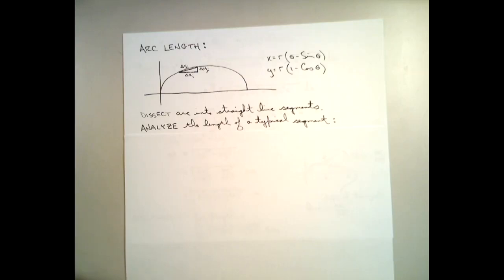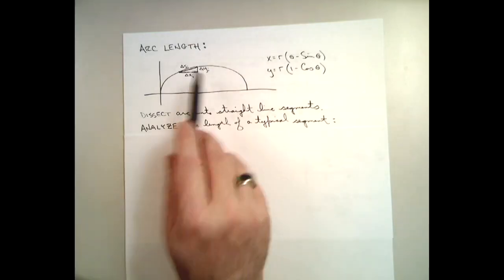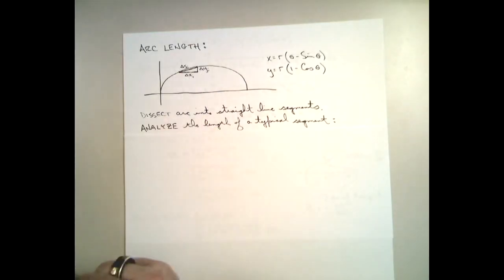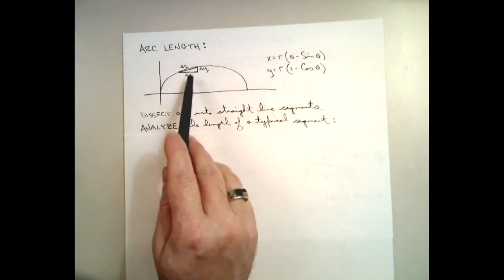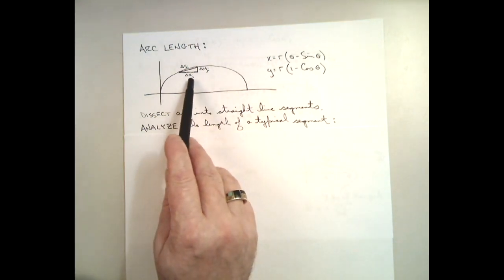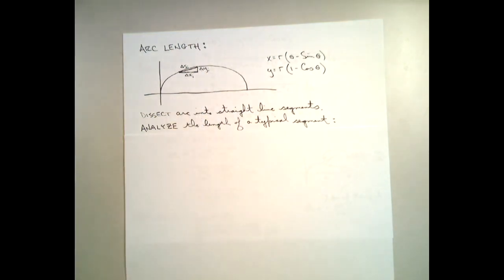Well, it's just kind of screaming at us, isn't it, that the Pythagorean theorem can be used here to put these three pieces together. So the length of the hypotenuse squared is delta x sub i squared plus delta y sub i squared, right? Simple Pythagorean theorem. And so taking square roots gives me a way to express the length of that line segment.